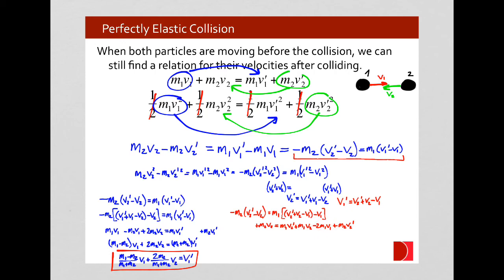So we'll add this term to cancel out its subtraction. We add it to this side, and we add it to the right side, and it cancels. This side is subtracted, and so we'll have to subtract it from the other side. When we subtract it from both sides, it cancels and will go away.